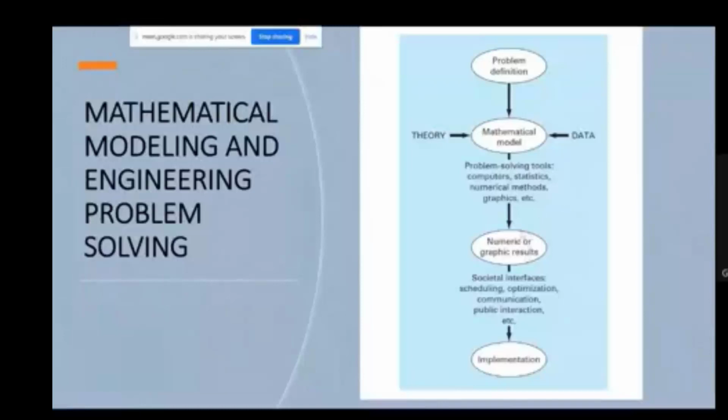Then I will get the results and represent them as a figure, a graph, or a table. Then I take it for my implementation in any field I want. I have to follow these steps to solve any equation.